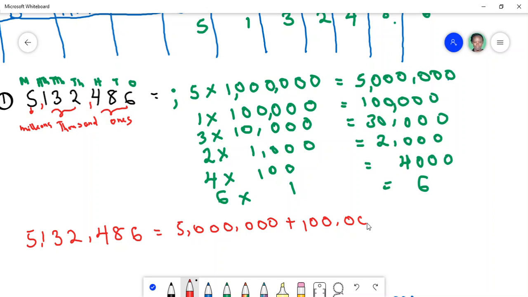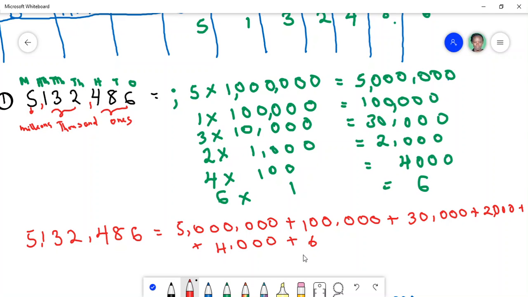That is what we have there. Plus the next one is what? 30,000 plus what? 2,000 plus 4,000 plus what? 6.